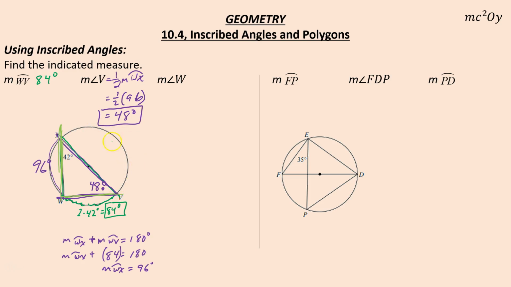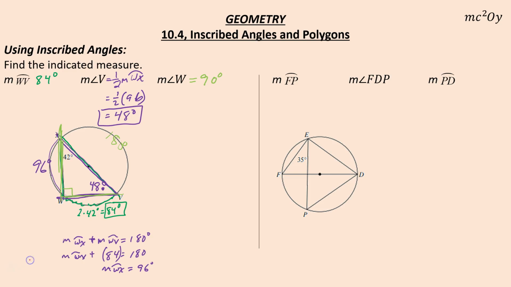Arc XV subtends angle W, and notice arc XV is 180 degrees. It's a semicircle, which means angle W is 90 degrees. So if we know angle W is 90 degrees, we could have figured out the measure of angle V because 42 and V would have to add up to 90 as well. Okay, so a couple ways to do that.